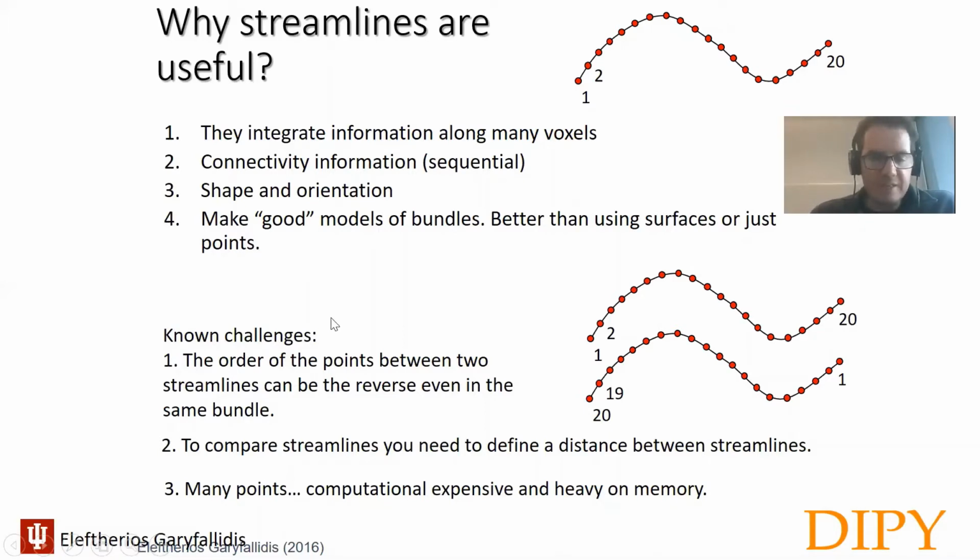But there are some known challenges. For example, the order of the points between two streamlines can be the reverse even in the same bundle. What does that mean? Let me get my pointer here. All right, so that means basically that, look, in this streamline here, the first point starts here on the left, but for this streamline here, even though those have very similar shape and they're close to each other, the point here is the last point, so the first point is here.